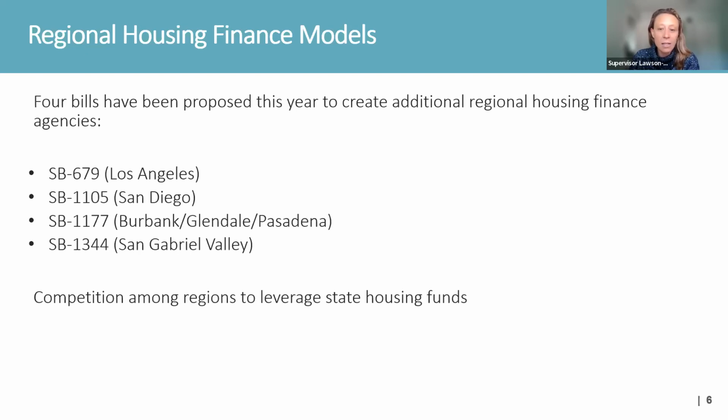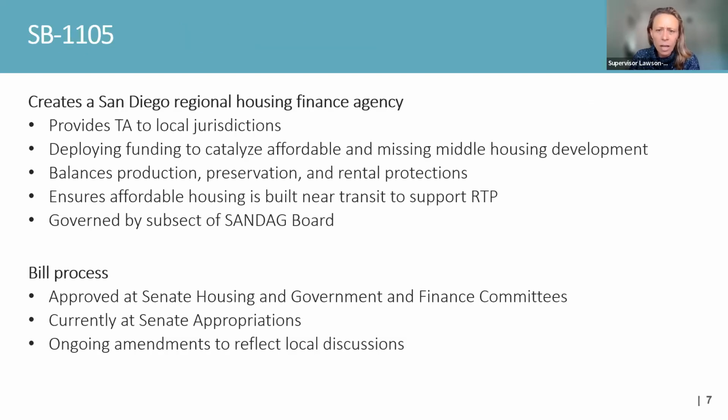So moving ahead to slide 6. Just want to give a little overview on SB 1105. That is the bill sponsored by Senator Wesso, and as I mentioned as well, being carried in the Assembly side by Assemblymember Ward, that would create a San Diego Regional Housing Finance Agency.